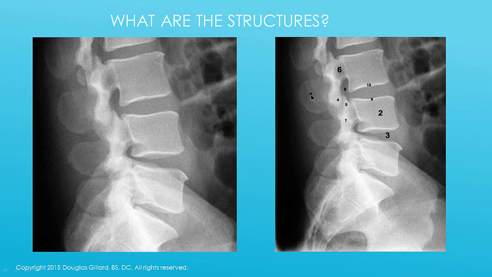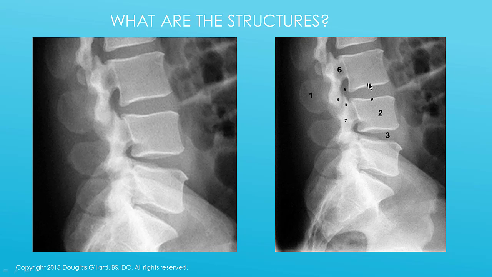So number 1, well, I guess I already gave them away, didn't I? Spinous, pedicle. So this would be the inferior articular. Oh, you know what? No, that's the inferior articular process here, meeting the superior articular process. The whole thing is the Z joint, or the facet joint. This 7 would be the pars interarticularis, because it's about halfway between the superior articular process and the inferior articular process.